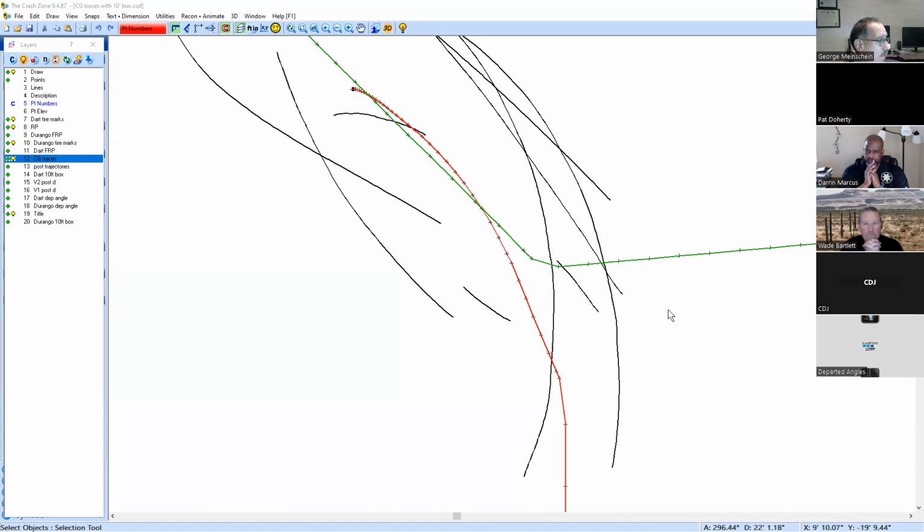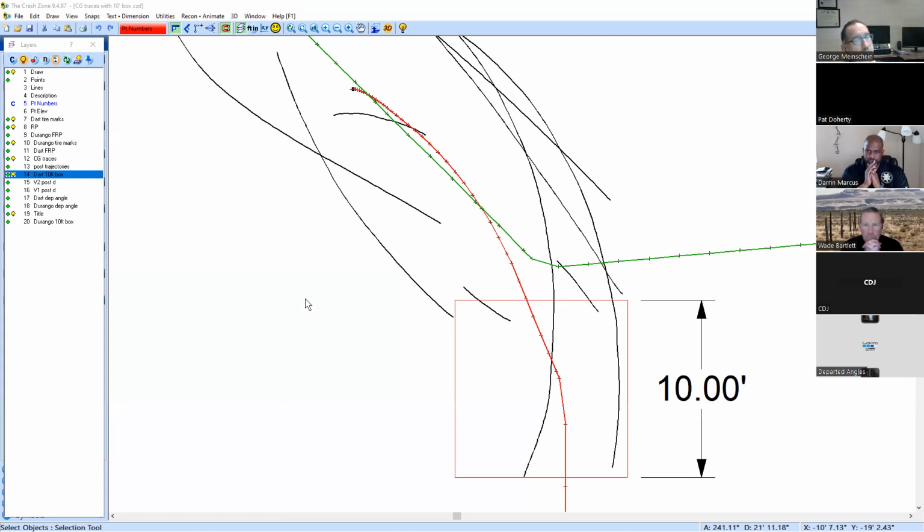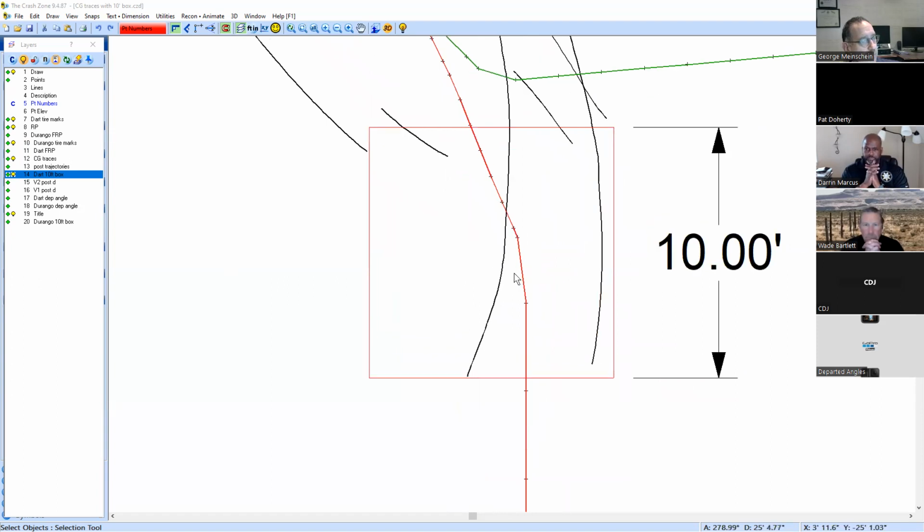So let me bring in the 10-foot box for the Dart, and we'll just look at that one for right now. What I do is take my 10-foot square and get the four tire marks, from where I'm sure the vehicles are engaged, because if they weren't engaged, I wouldn't have tire marks.